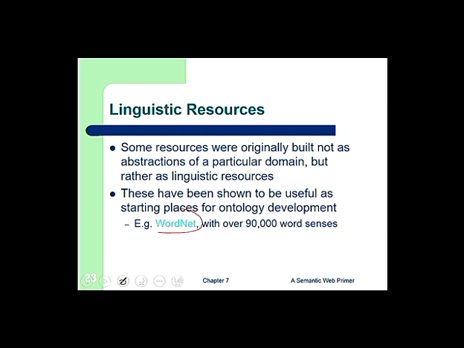WordNet is one of the most famous and most used resources for linguistics, which defines the nouns, verbs, different parts of speech, their relationships, the brief hierarchy, thesaurus. And WordNets are available for many languages, English, Arabic, and many others. So again, you can get motivation from these resources, and they can give you a head start for developing your ontology.